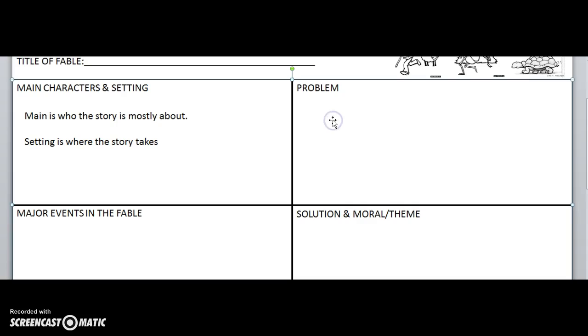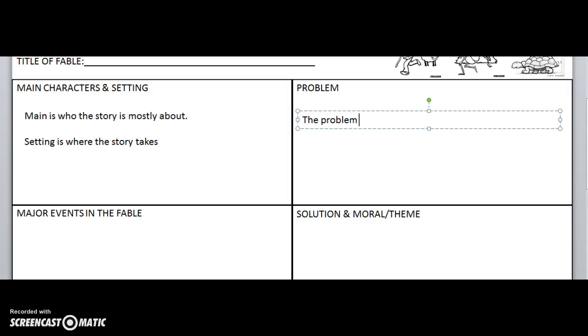Now, when we talk about the problem, what I want to know is exactly what's the issue. Remember yesterday, during our read aloud, we read about the boy who cried wolf. The problem in the story was not that the boy was a liar. The problem in the story was that the wolf ate the sheep, plain and simple. So remember, when you're telling me the problem, you're giving me the issue, only the issue in the story.